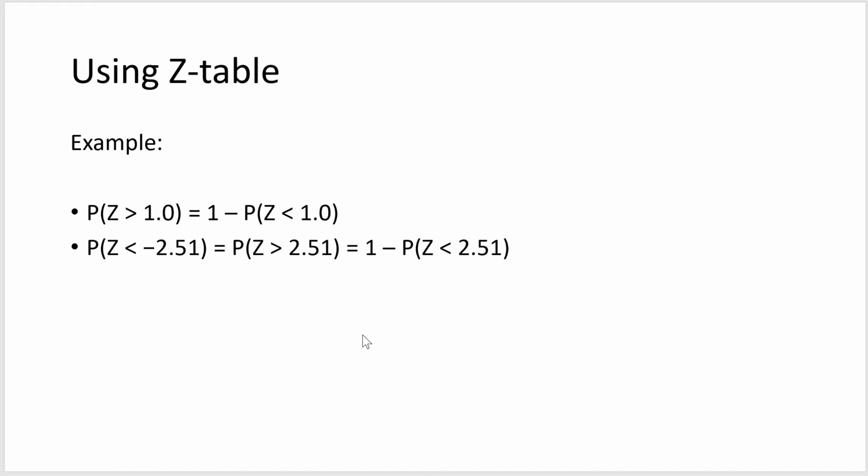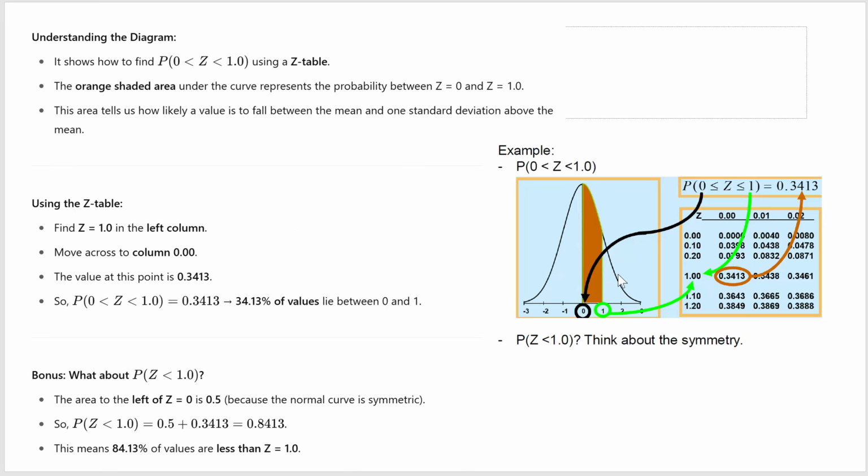In the example we have, if you want to find the probability that the z value is greater than 1, then it is 1 minus all the values where z is less than 1. So this is all the values where z is less than 1, and the whole graph is 1. So 1 minus this entire thing is actually this small area.